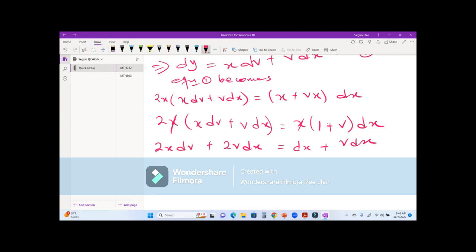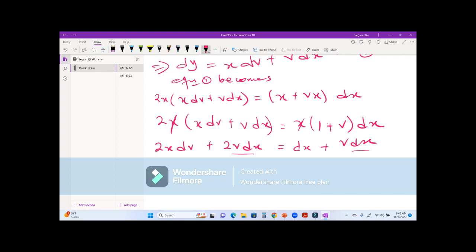I can collect the like terms. Something is common, I can take them together. So you agree with me that these and these are common, right? They are the same. Only that one has 2, one has 1.